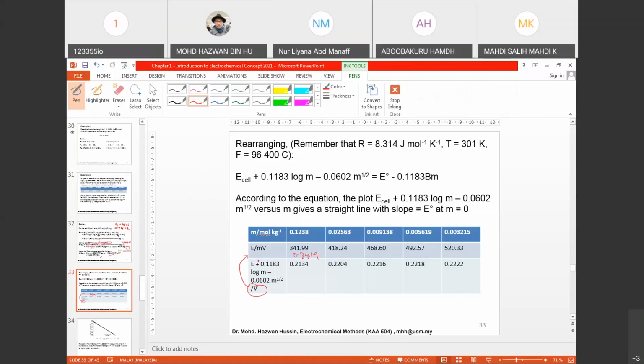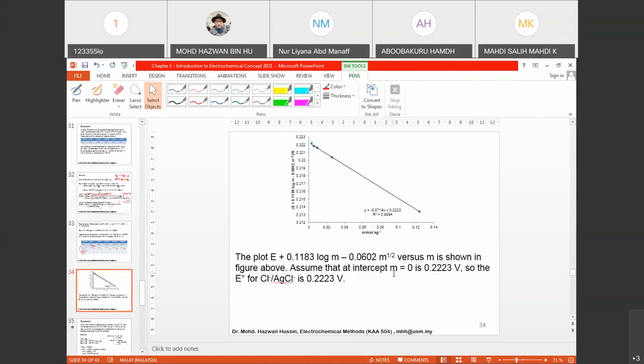So you will calculate and you will have a new value. This will be a new derivative value with regard to the Debye-Huckel consideration. Once you have these values, you can make a plot. The plot that you will make is from the values that you have calculated, considering the Debye-Huckel.